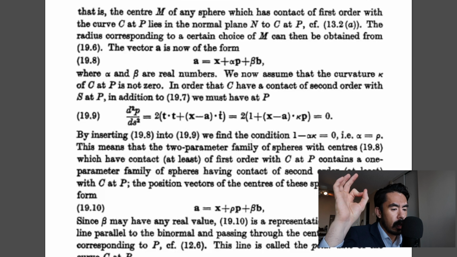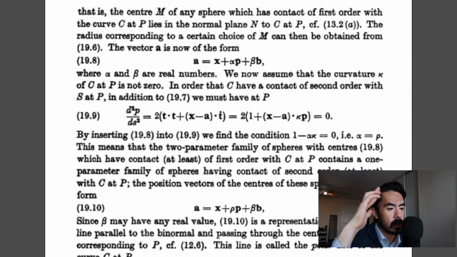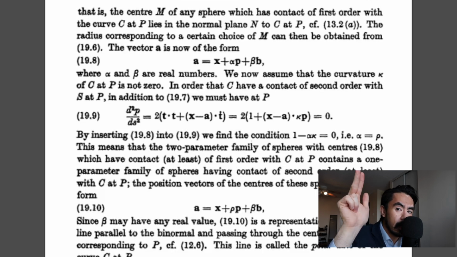Might be a dollar short and a day late, but the vectors t, p, and b here are not arbitrary if you're just jumping in from not watching any of the previous streams, which is encouraged and is totally okay. T is a tangent vector, p is the principal normal vector, and b is the binormal vector.